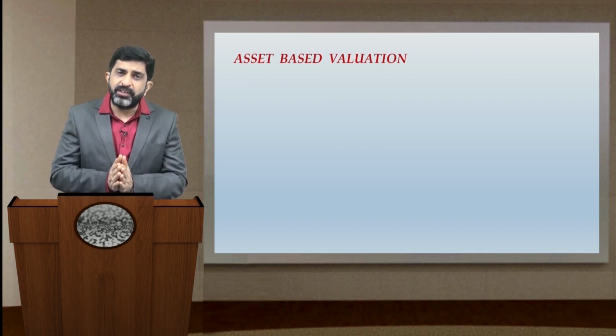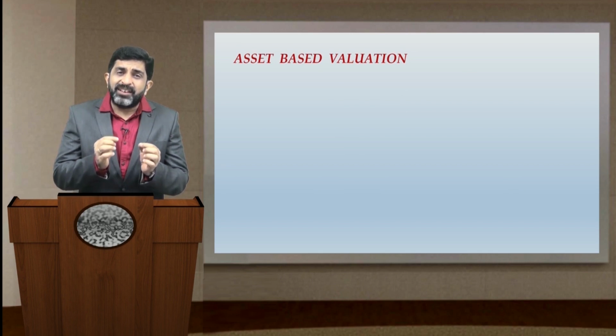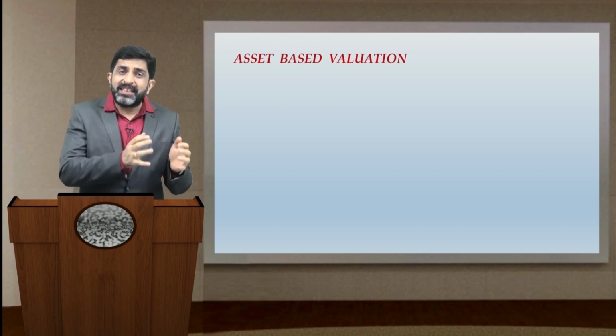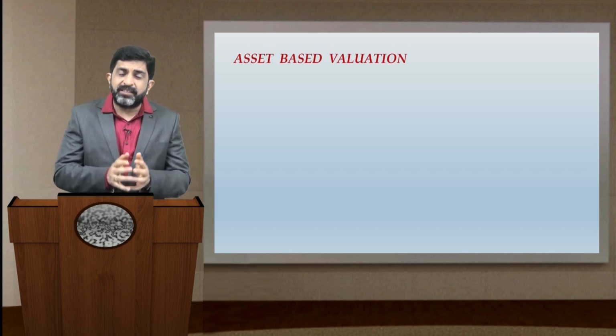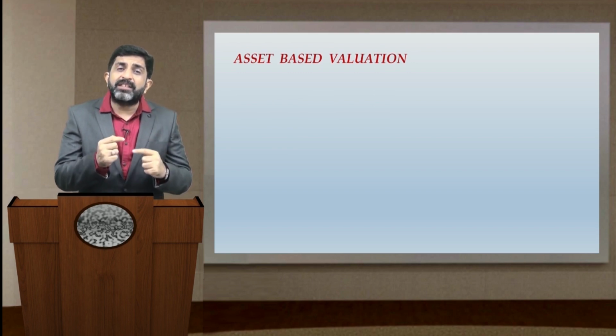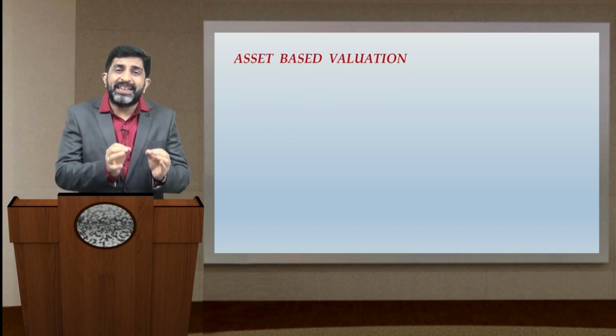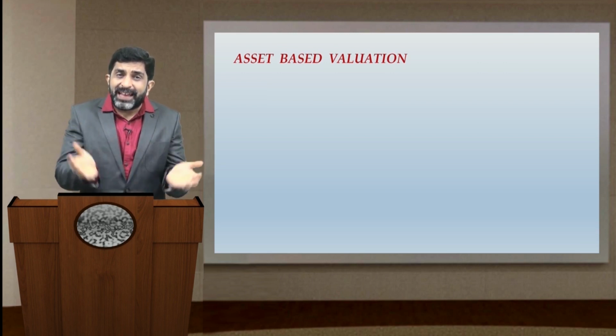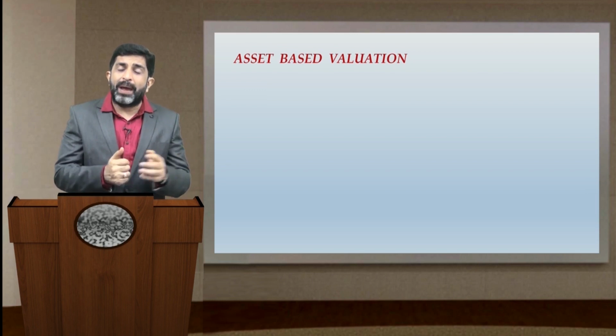Friends, one more thing I would say, the asset based valuation could be a little altered, a little modified, by replacing the book values of assets and liabilities by the realizable value of assets, and with respect to liabilities, the amount that is expected to be paid. That means we are using realizable values in place of book values.